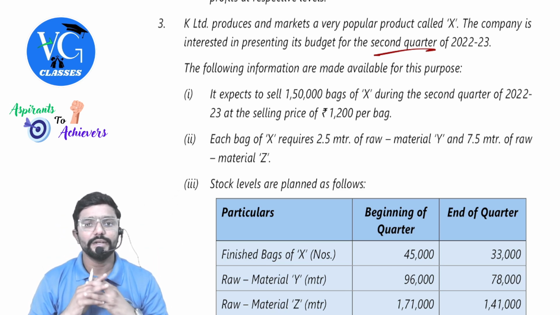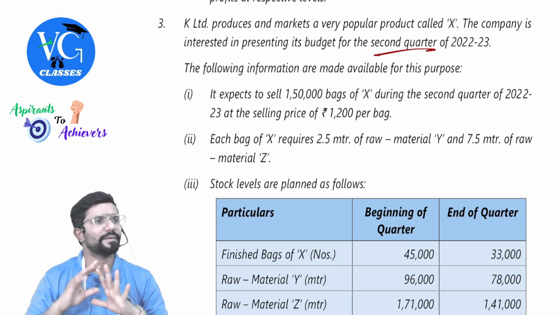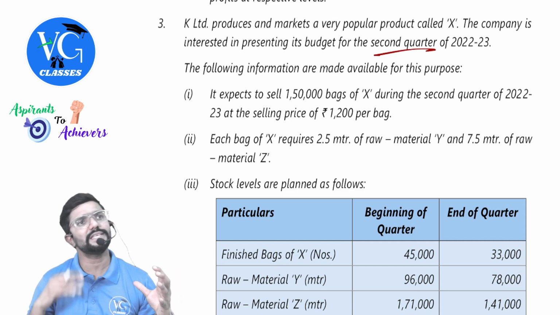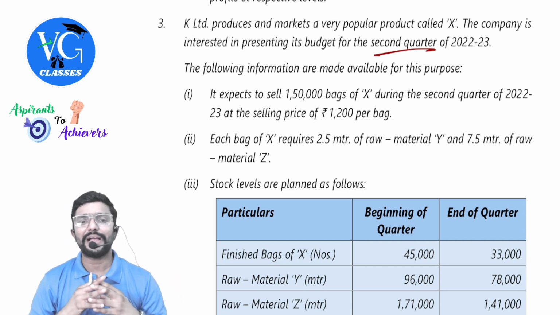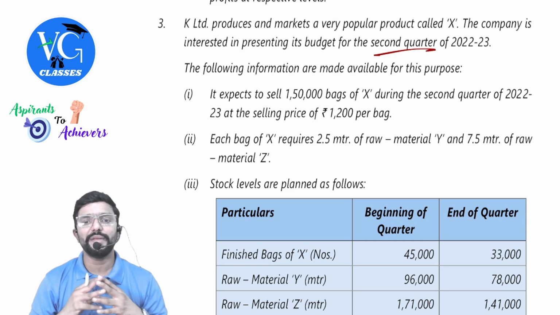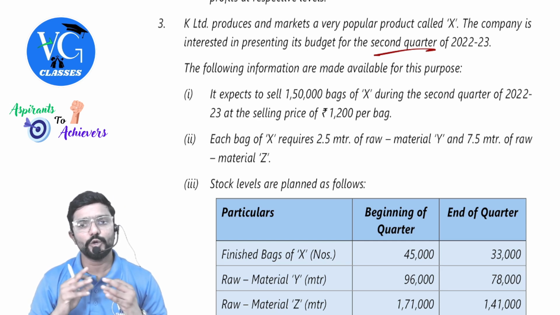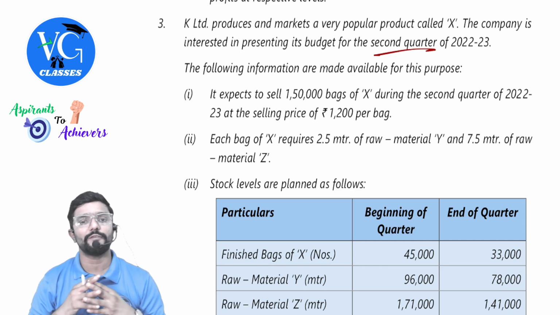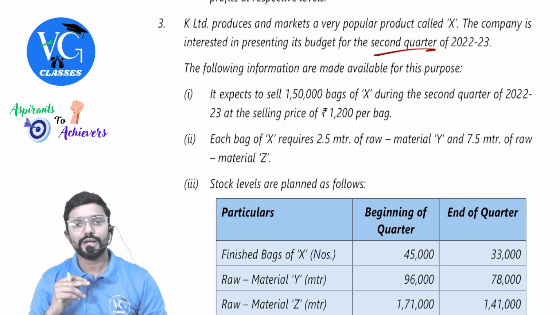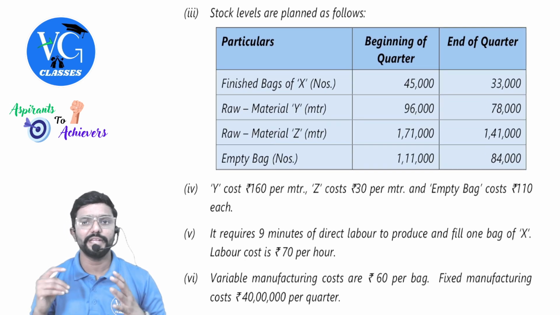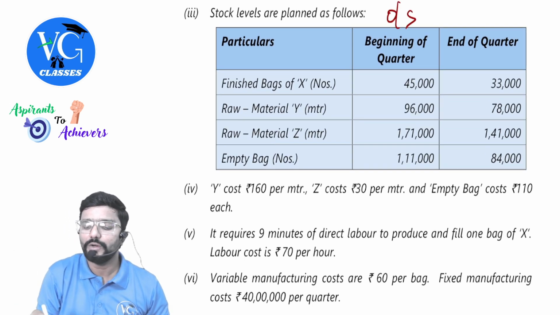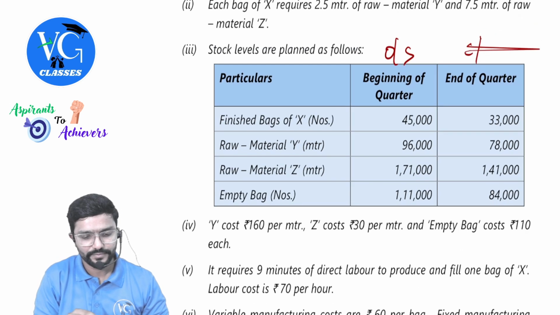During the second quarter, 22-23 at the selling price of 1,200 per bag, budgeted sales tax, both in quantity as well as value. Each bag of X requires 2.5 meter of raw material Y and 7.5 meter of raw material Z. Stock levels are planned as follows.